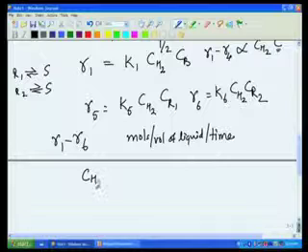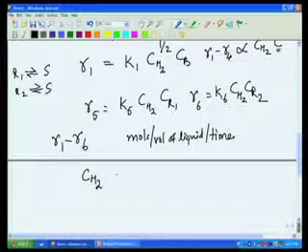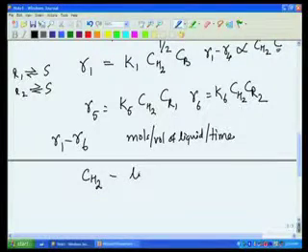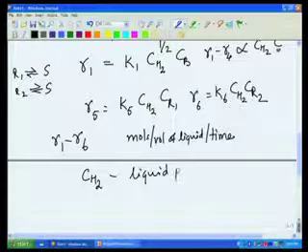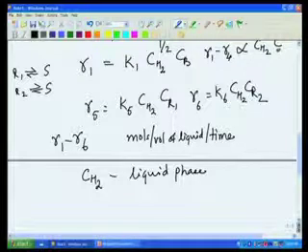Hydrogen concentration C2 that we have written here is the liquid phase concentration. Okay, that is not the gaseous concentration. So, we need to find that liquid phase concentration.